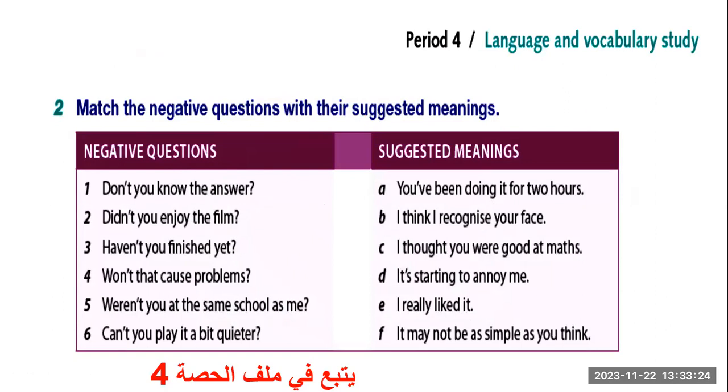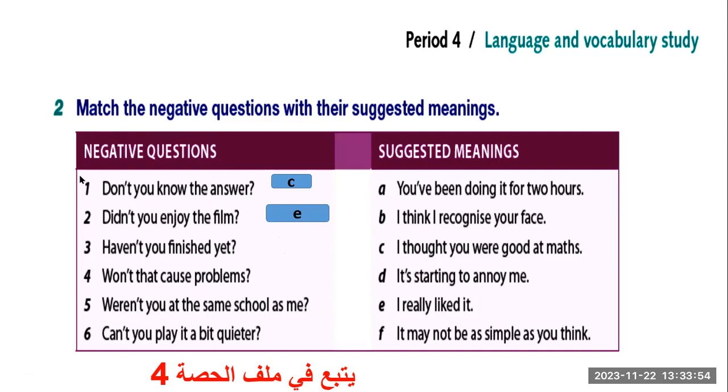Don't you know the answer? ولا ومش عارف الجواب؟ شو بنقصد فيها؟ نانسي. اللي هي C. I thought you were good at math. والله بفكرك شاطر بالرياضيات، طلعت لا شاطر ولا شيء، يعني هيك المعنى. Number 2 now, فدوى. Didn't you enjoy the film? I really liked it. ما عجبك الفيلم؟ والله أنا عجبني، يعني يجعله يعجبك.